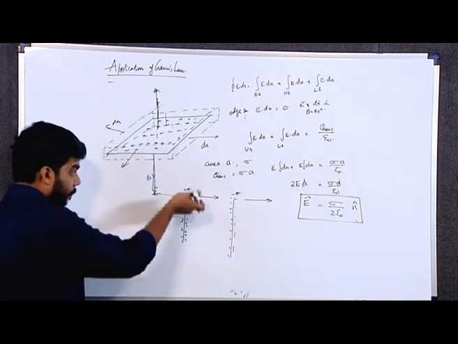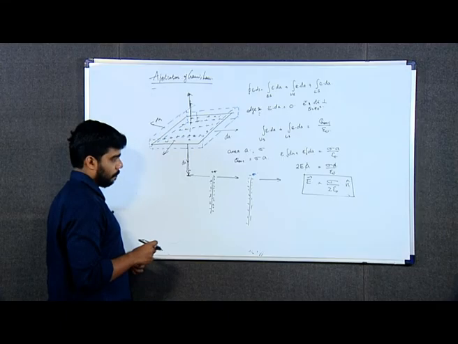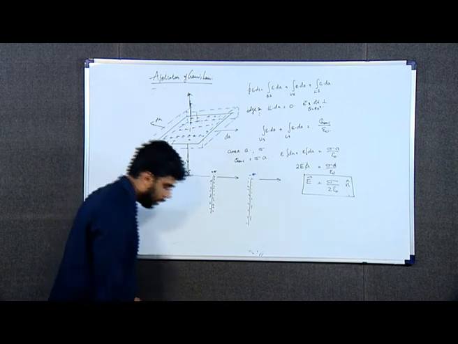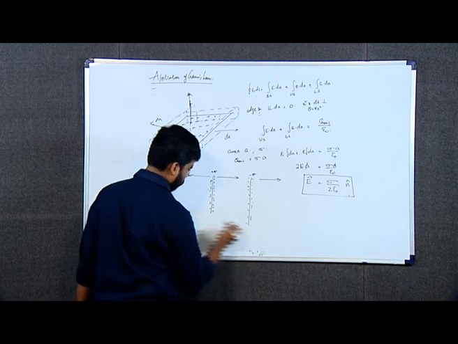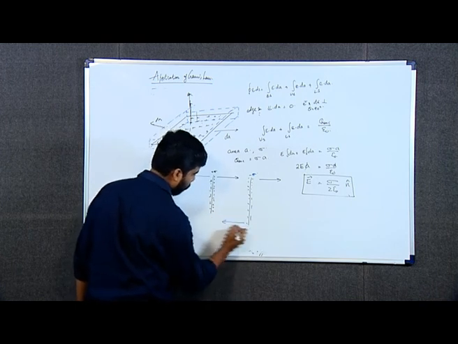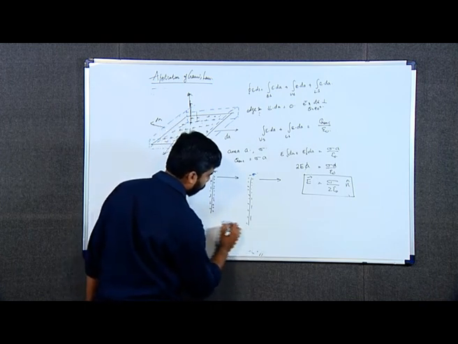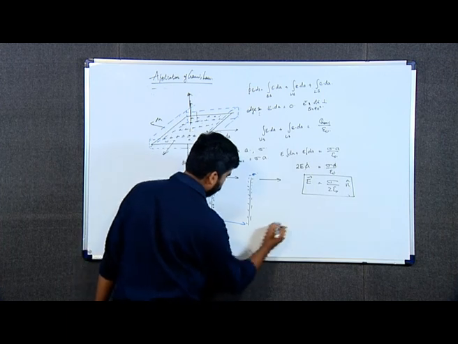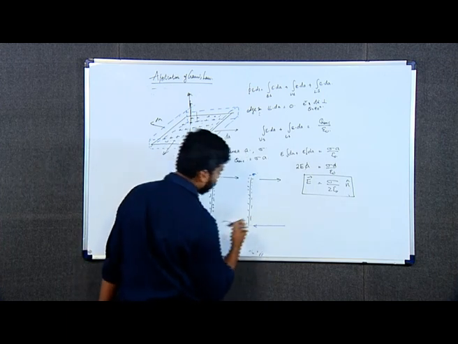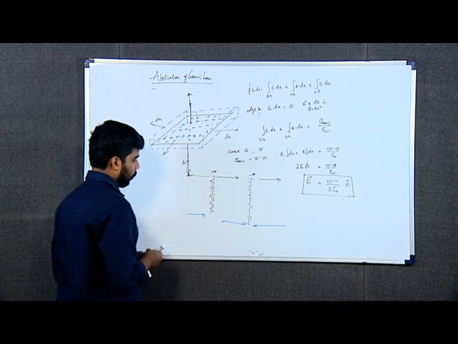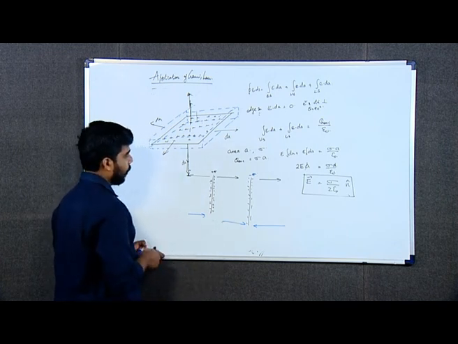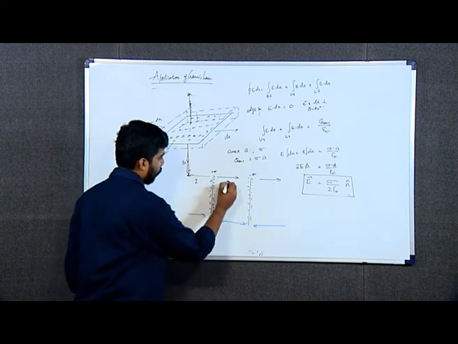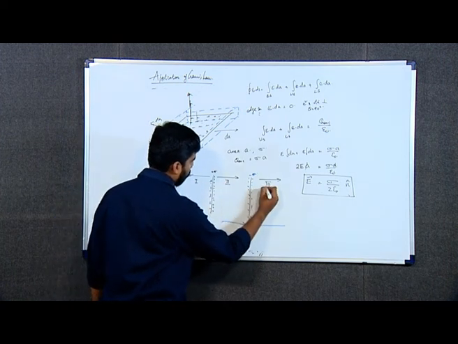These are the electric fields of the positively charged sheet, and for a negatively charged sheet, the field lines will come into the sheet. So what is the total electric field in region 1, region 2 and region 3?